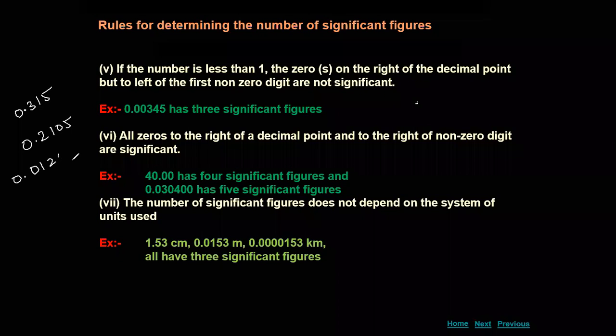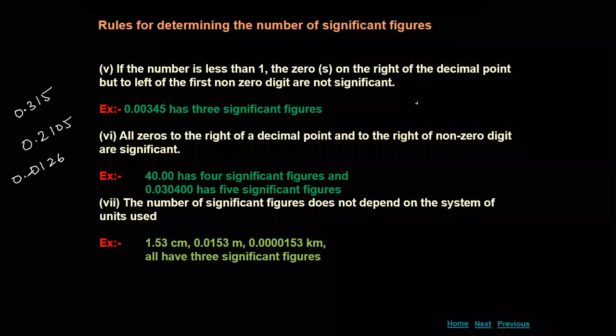Next, 0.0126. How many? 3. What happened to this 0? It is there after the decimal and before a non-zero digit.